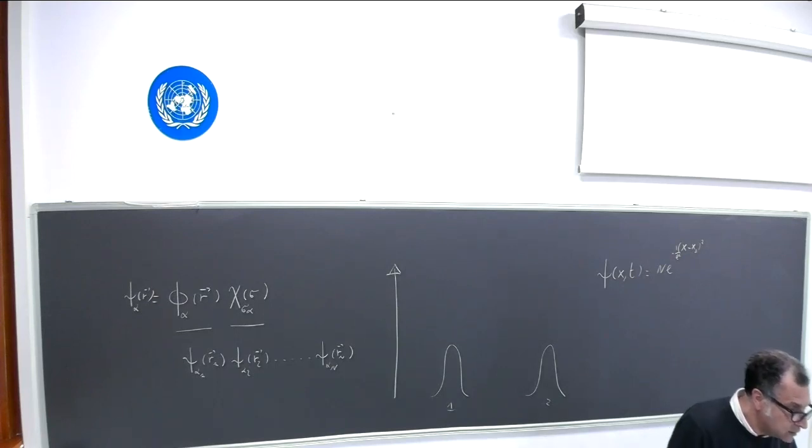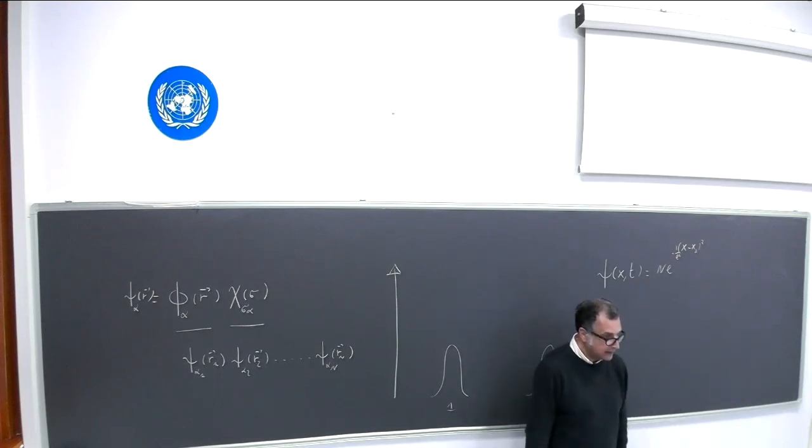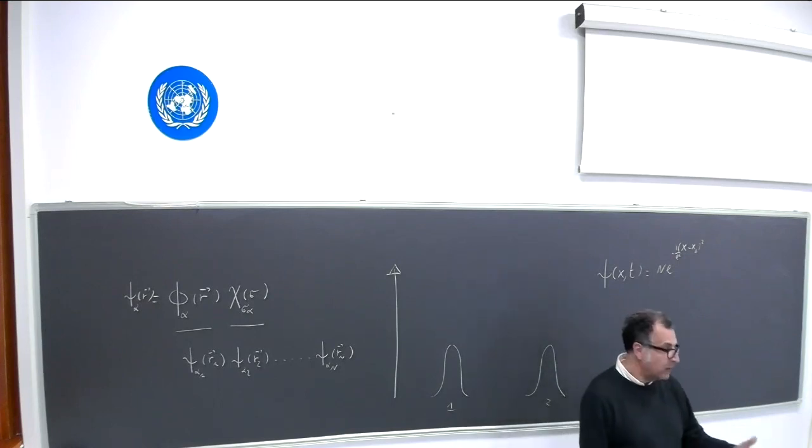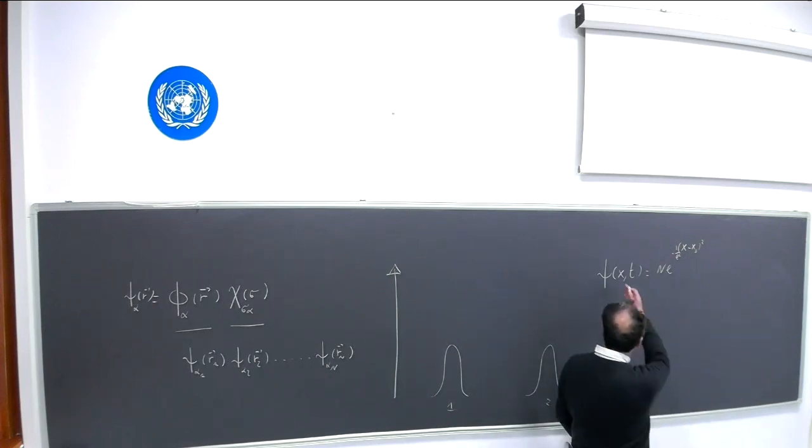Tell me, how does the wave packet change in time? What does it do? It can do 2 things. First of all, does it change or just remain the same? Oh, sorry, this is t equals 0.